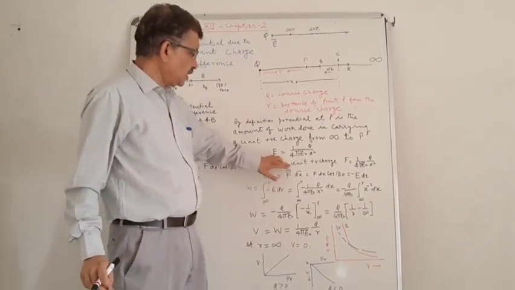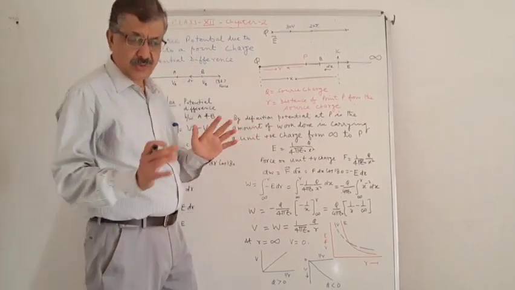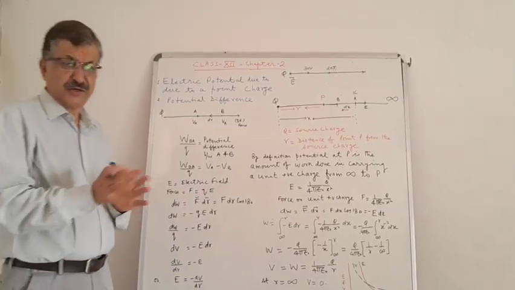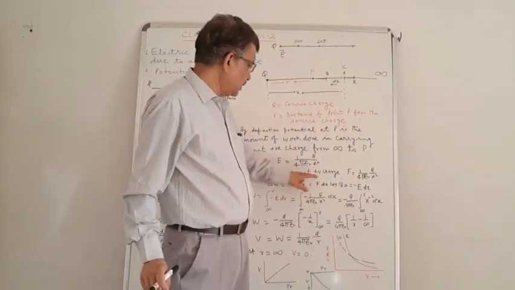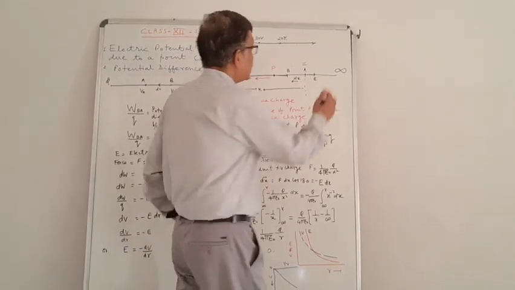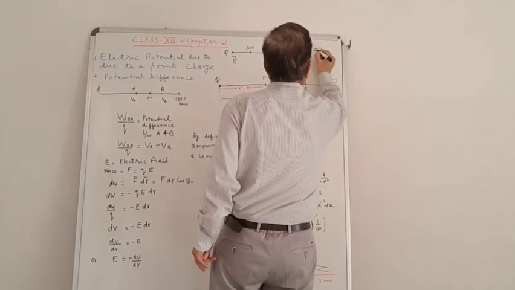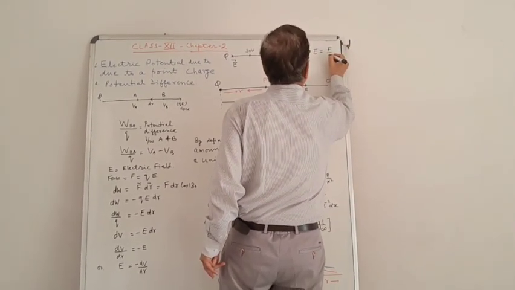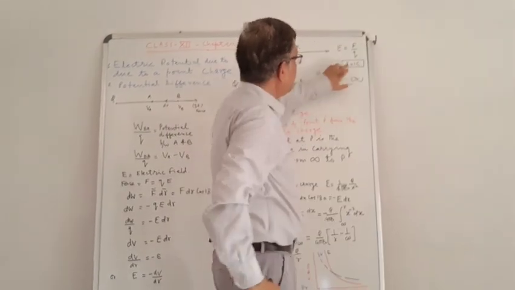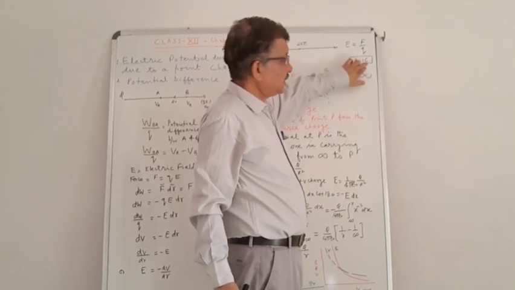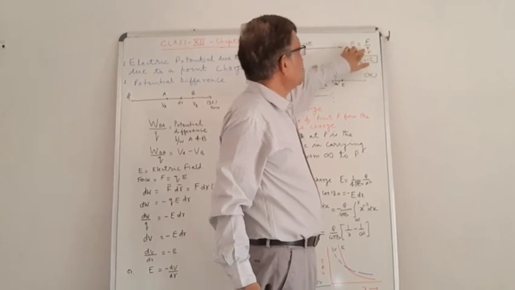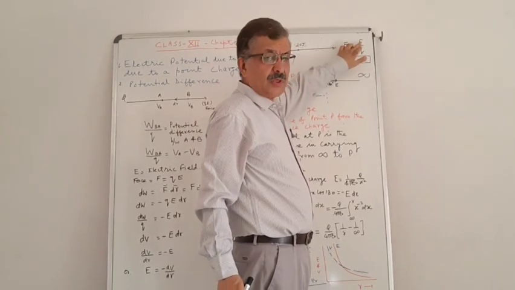Now the force on the unit positive charge. I have to calculate the force first, then the work done. Let F be the force on the unit positive charge, because we know that the electric field E is equal to F by Q. Electric field intensity is defined as the force per unit charge. When Q is equal to 1 coulomb, the test charge has a value of 1, so the electric field intensity is equal to the force itself.